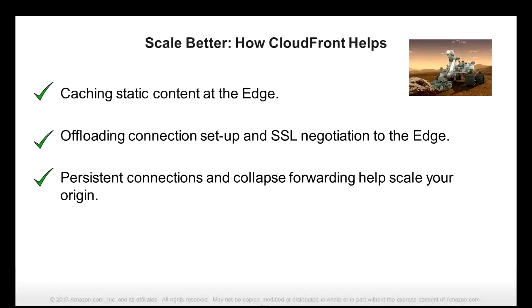A specific example here, you see the image at the top right of the Mars rover Curiosity that landed on Mars in August of 2012. The NASA Jet Propulsion Laboratory, JPL guys, they used AWS to host the website experience for the Mars lander and used CloudFront to deliver their entire website to their end users.